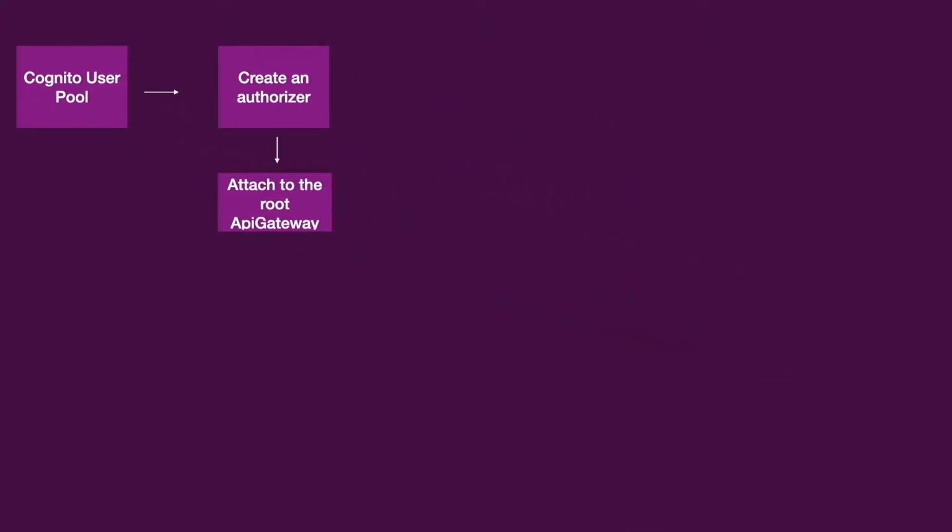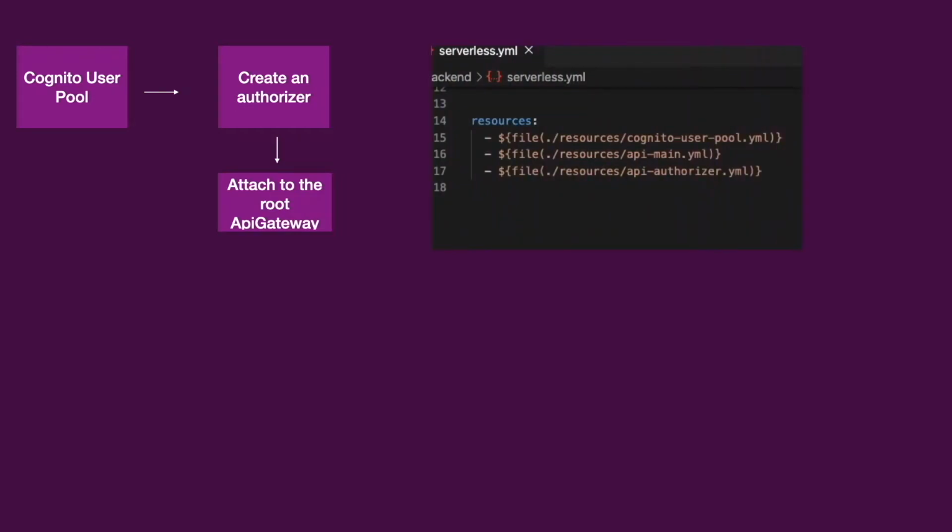So let me reveal the final version of the serverless.yaml file that we will be building. If we see the mapping, the Cognito user pool on the left is going to be mapped to the serverless.yaml file by defining through line number 15.